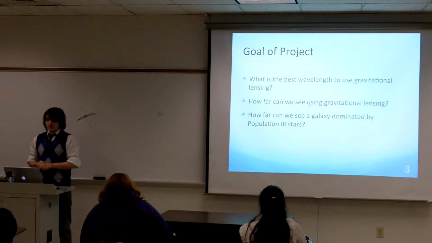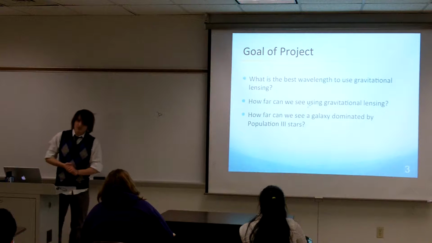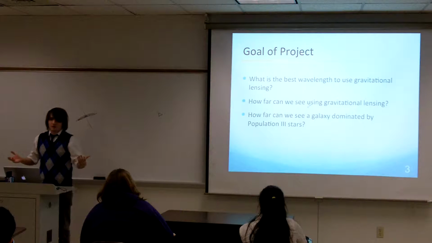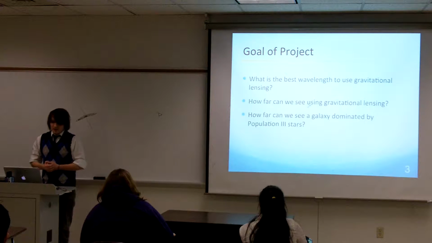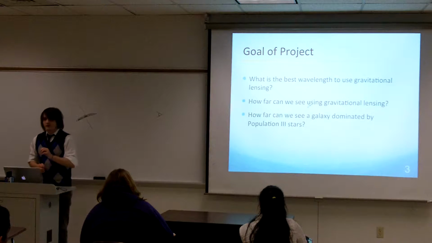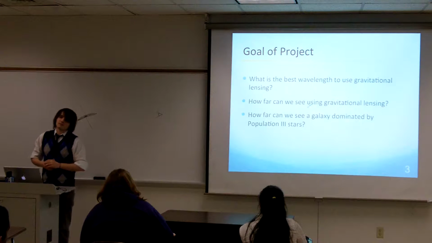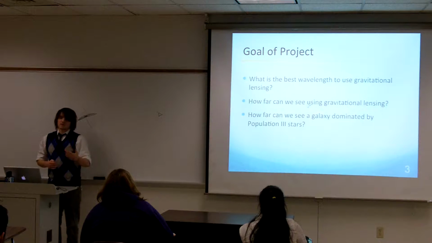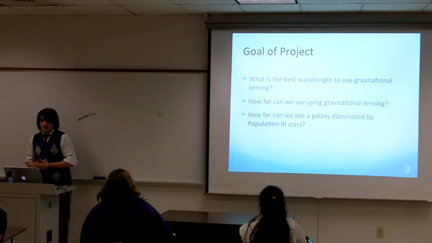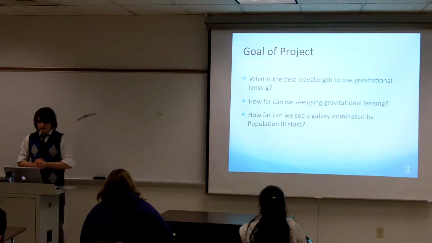How far can we see using gravitational lensing? So, telescopes have certain limitations, as all of them do. And so I hope to at least clarify how far we can hope to see in terms of the redshift parameter, Z, using the data that I have.